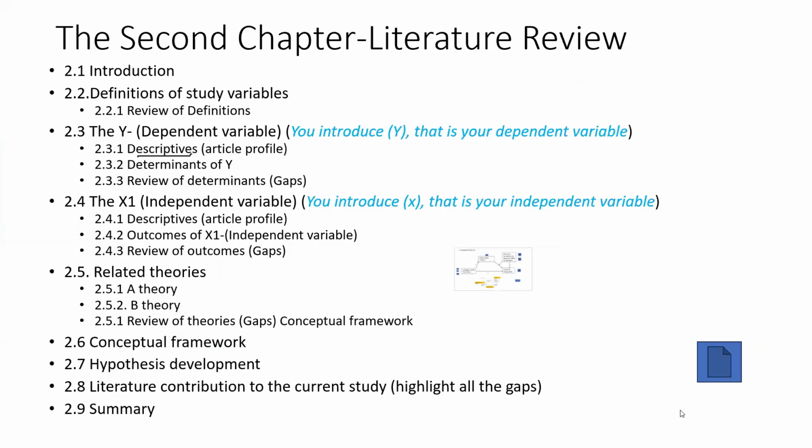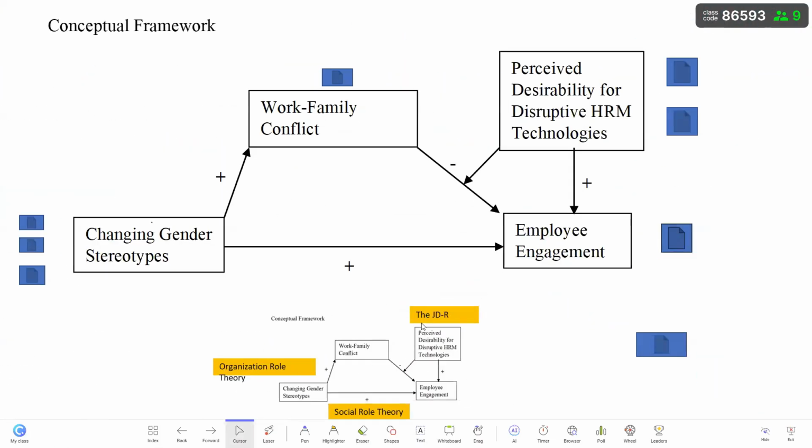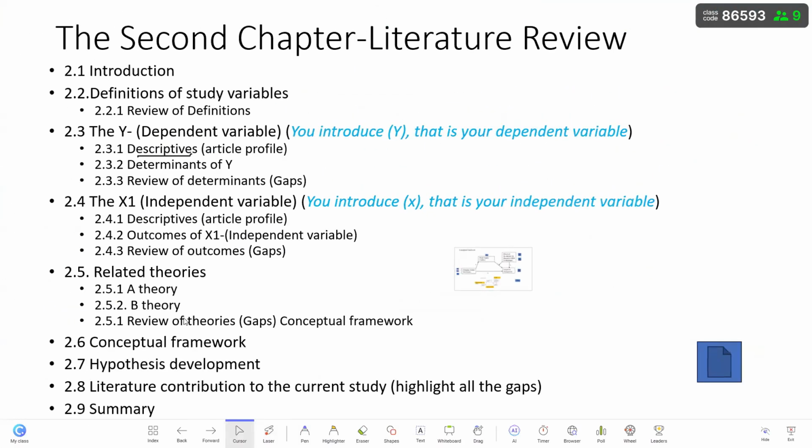In the review, you can draw a table, something like this. You can say there is no holistic theory or model which has been developed by integrating all these three theories. That is again a theoretical gap. You can present a review of theories by drawing this kind of diagram.